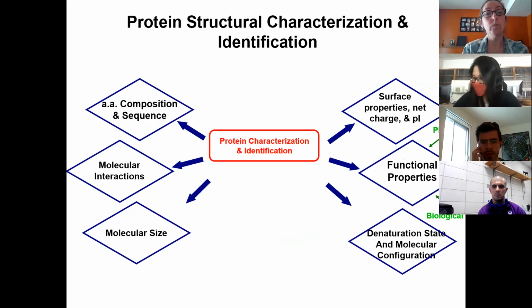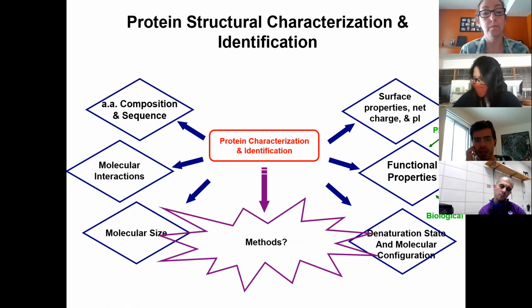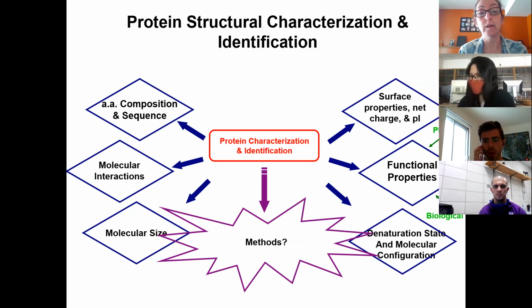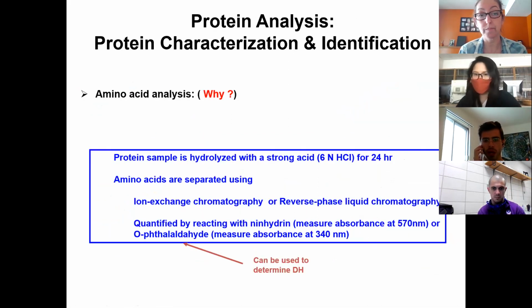Okay, so far we looked at molecular interactions, molecular size, denaturation. We will be talking more about denaturation later on, and surface properties. Let's talk a little bit about amino acid composition and sequence. So why do we care about amino acid analysis?